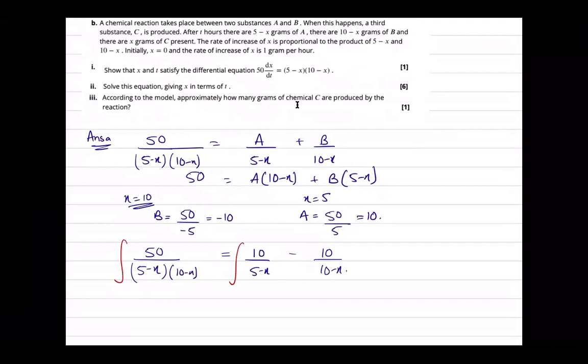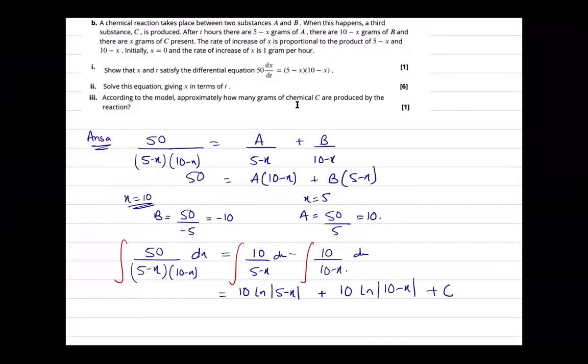Integrating this would mean integration of the partial fraction. You take 10 common from here and the integration is going to be ln of 5 minus x minus 10. This is going to be plus ln of 10 minus x plus c.